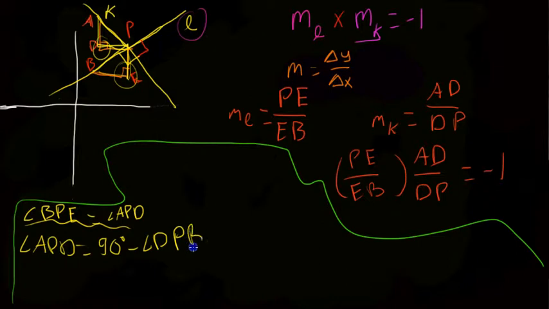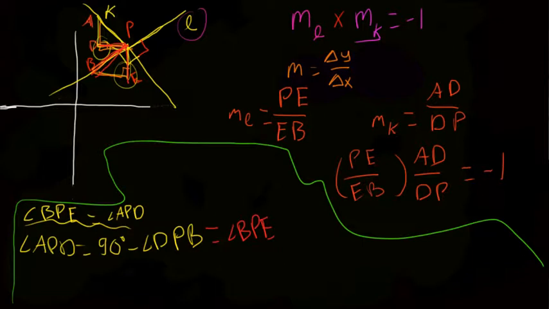This interior angle is DPB, and that is equal to angle BPE, because BPE is also 90 degrees minus this little angle, right? So there are your angle equivalencies.